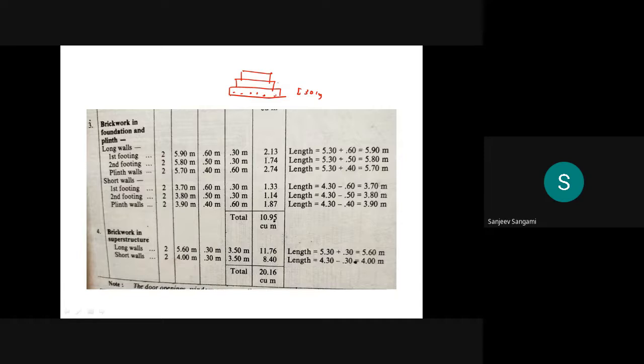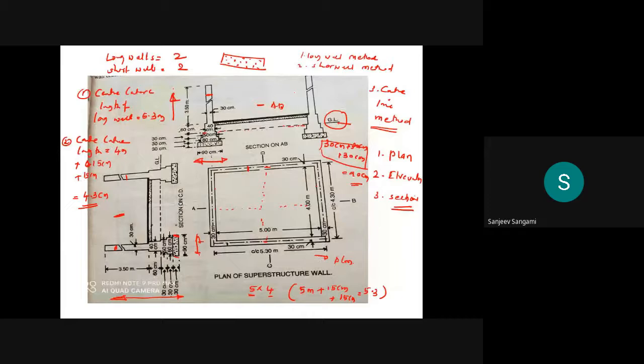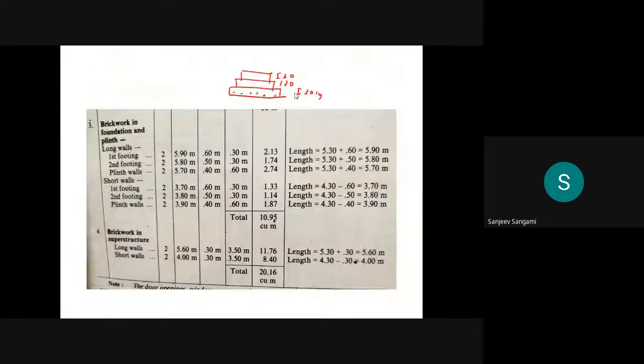Here also, how much has he given? Height of 30, height of 30. If you go back and take out that section, you will come to know. Then breadth, how much has he given? 60 and 50. Here it is 60 and here it is 50.